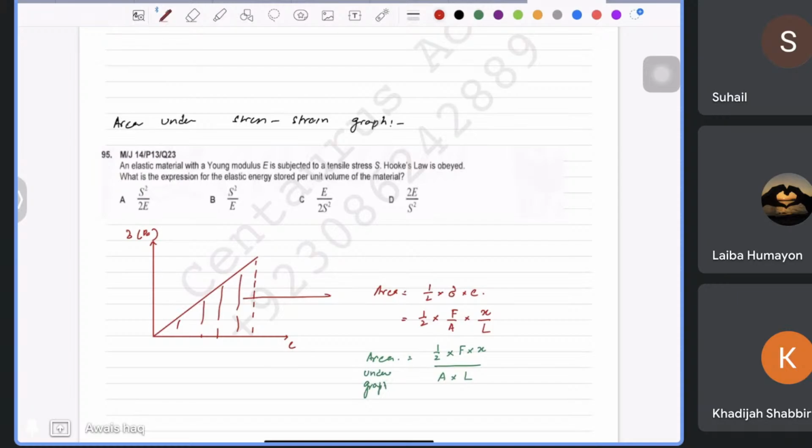So if you notice, this section basically tells you about strain energy, and this is the volume. So what you guys need to understand is that the area under the graph of stress strain is energy per unit volume. Is it clear, everyone?